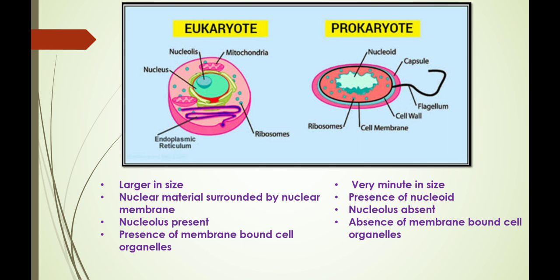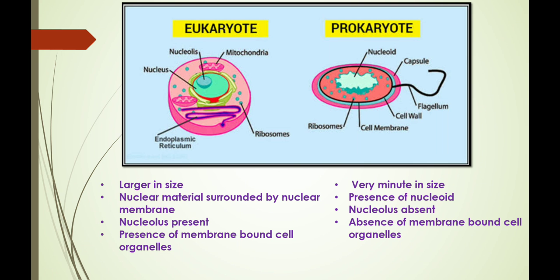Okay. In case of prokaryote, in this type of cell, nucleoid is present. Now, what is nucleoid? Nucleoid is a structure which is not a true nucleus. That means here the nuclear material is not surrounded by a nuclear membrane and here the nucleolus is absent.